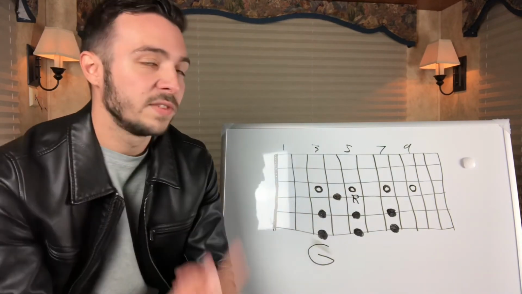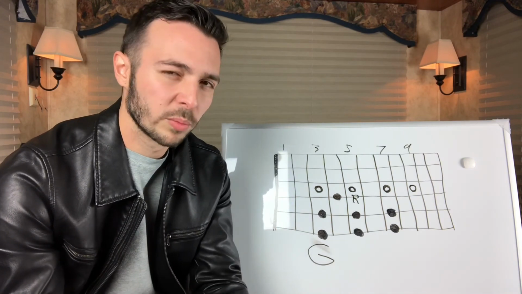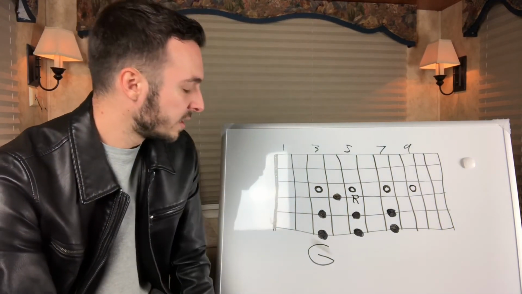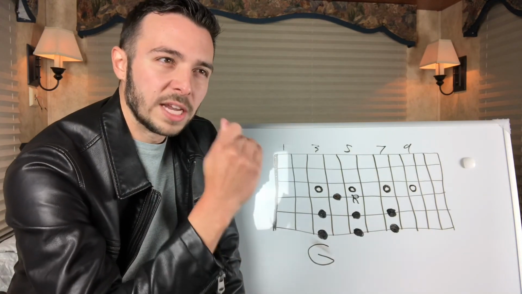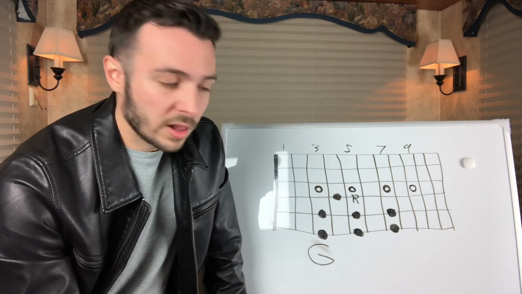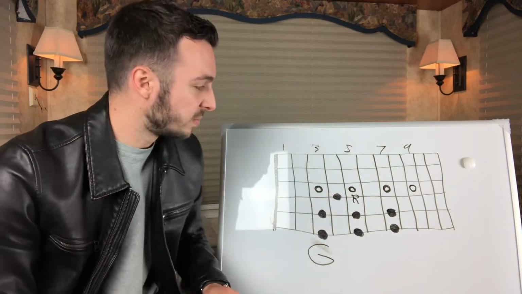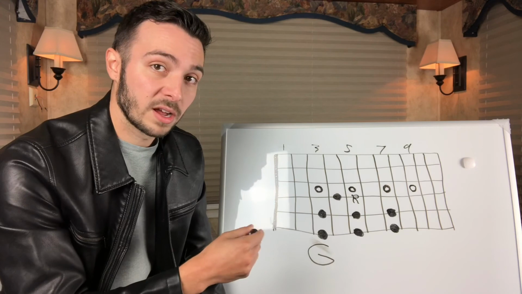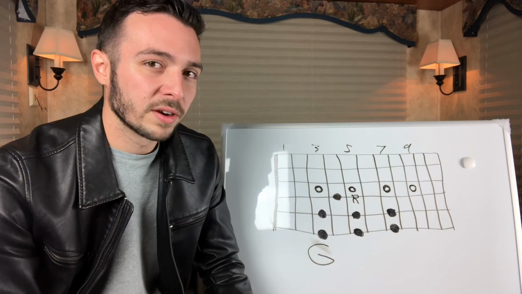And in the next video, I'll go over a little bit more detailed look at this, just so you can see how this pertains to the actual intervallic formula of the scale. But this is a guitar player's perspective, because I just want you to see this like a shape, at least at first, because it'll jumpstart you a lot further in a lot shorter time.